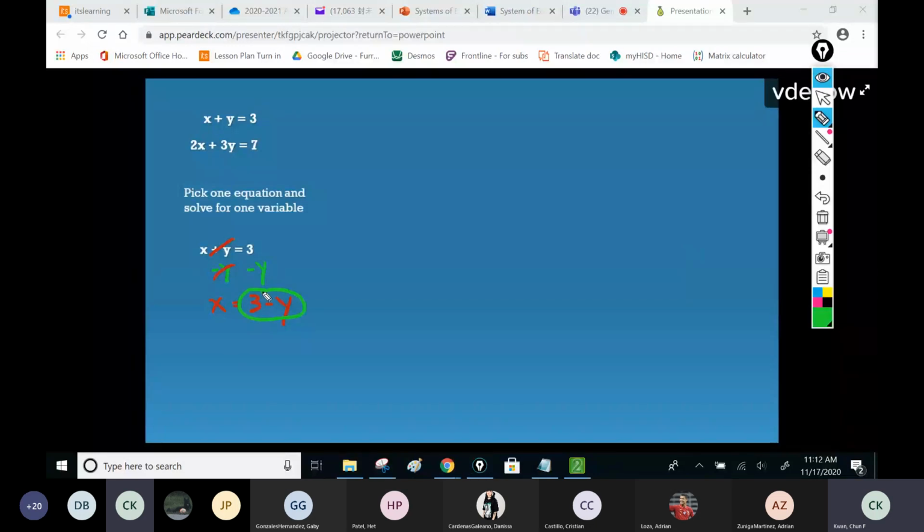And we're going to take this and put it back into the second equation and replace the x. So you get 2 times, replace the x with 3 minus y, plus 3y equals 7.